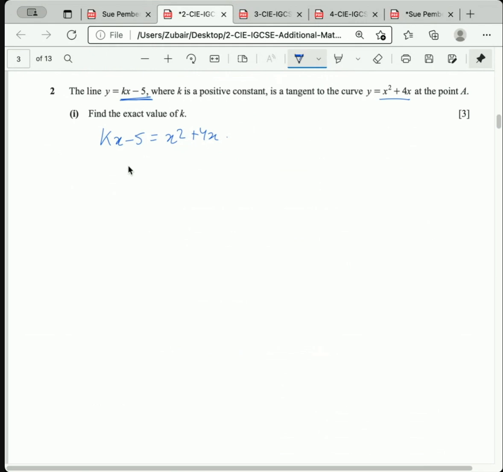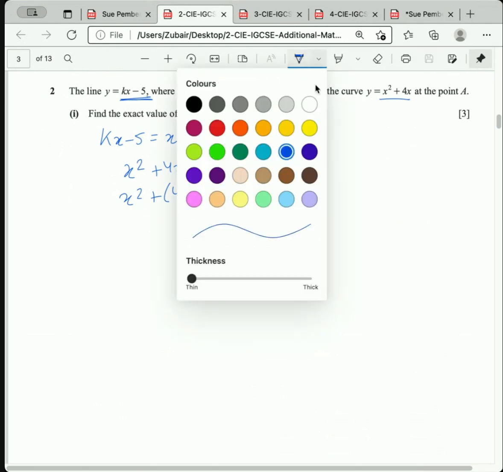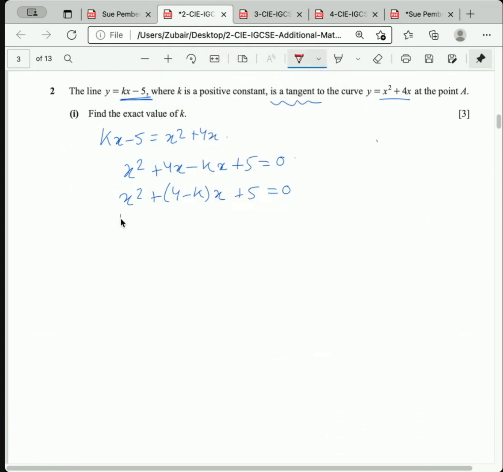We rearrange: x squared plus 4x minus kx plus 5 equal to 0. X squared plus (4 minus k) times x plus 5 equal to 0. Now the condition is it was tangent, so we apply b squared minus 4ac equal to 0.